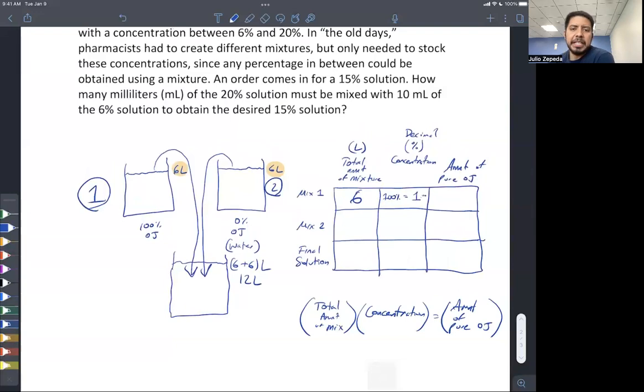So, okay, this one's an easy one because it's 100% orange juice. If there are 6 liters of the mixture, and it's 100% orange juice, then how much pure orange juice is in there? 6 times 1, we just multiply straight across. 6 times 1 is 6. This is also going to be in liters.